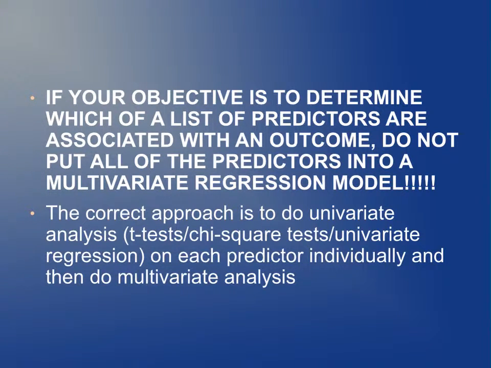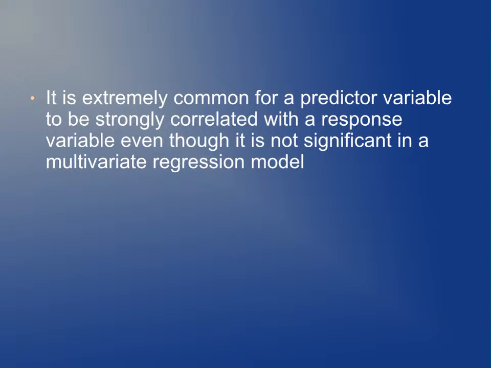That does not tell you whether x1 by itself is associated with y. So the correct approach is to do univariate analysis first, that is, t-tests, chi-square tests, and univariate regression on each predictor individually, and then do your multivariable regression model. Because it's quite common for a predictor variable to be strongly correlated with a response variable, even though it's not significant in a multivariate regression model. And that's pretty much all I have to say for this review.